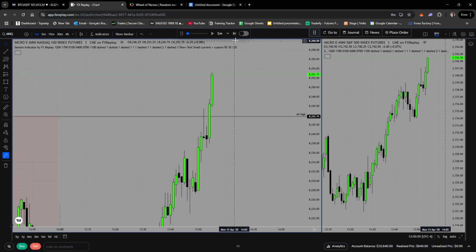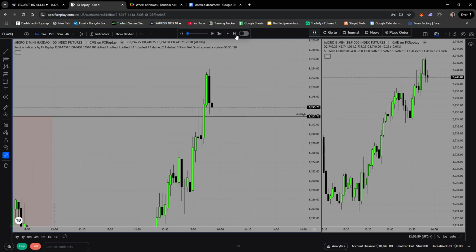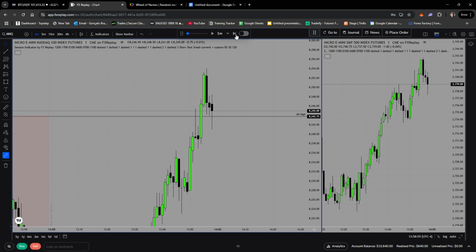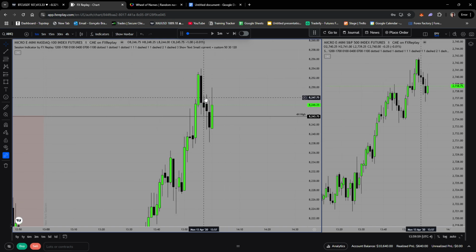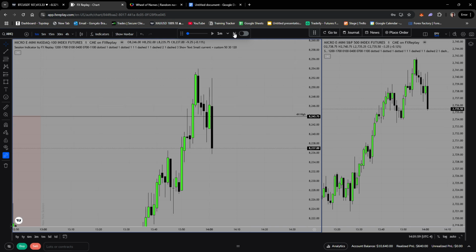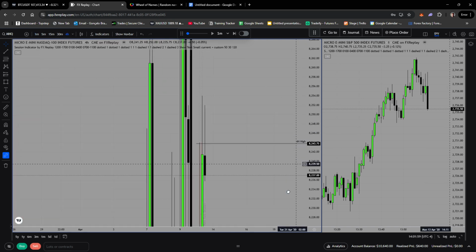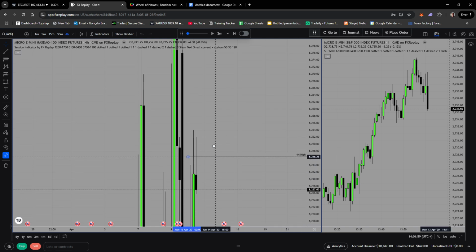So I'm going to wait for price to pull back to a bullish fair value gap like that. Don't inverse it. Okay, new candle closure.